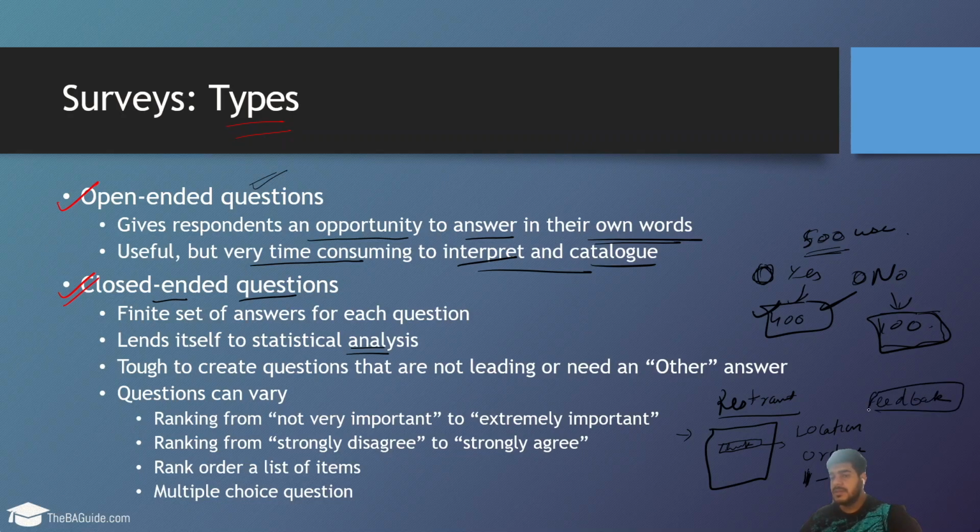So feedback is mostly open-ended questions, whereas rating between 1 to 5, these are all closed-ended questions. And this is to differentiate between various locations, as one location can have really good service compared to the other. So these techniques are mostly used by restaurants.